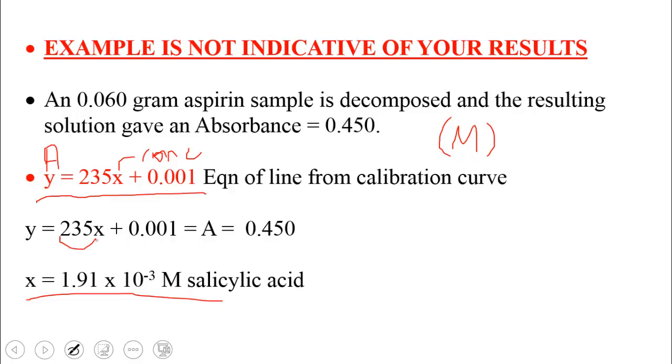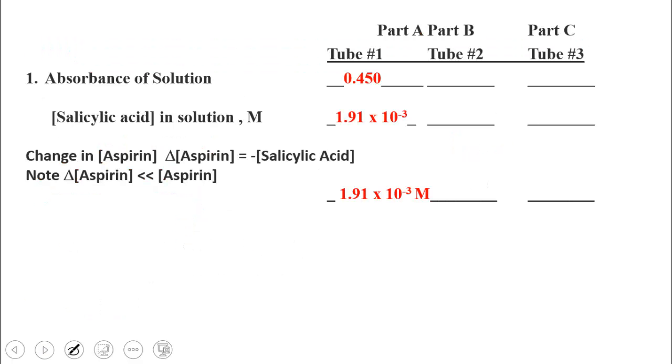Because there are 3 significant digits here, and 3 here, there should be 3 in the answer. There's only 1 here, but because we are subtracting data here, we still get a resultant of 3 significant digits in our molarity. So I have put that here, and we have the molarity of our salicylic acid.